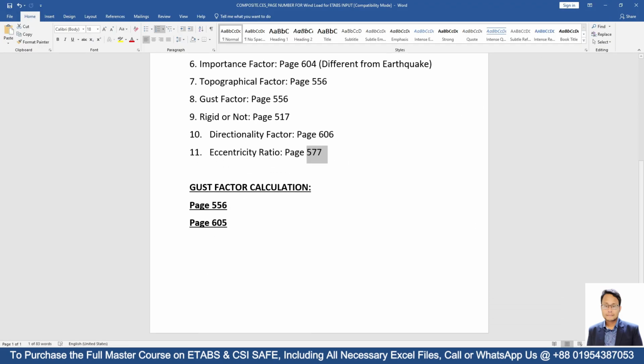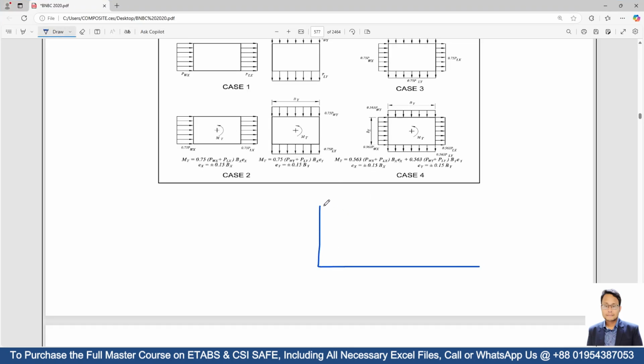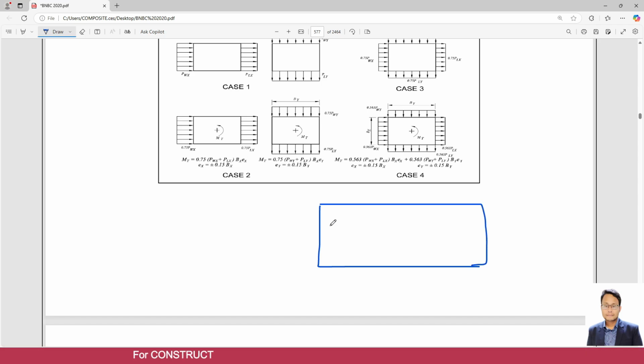So that's all. Now, what is eccentricity actually? Eccentricity is the difference between the center of mass and the center of rigidity. Suppose this point is for the center of mass and this point is for the center of rigidity. So there is some difference in value for the x direction and also for the y direction.